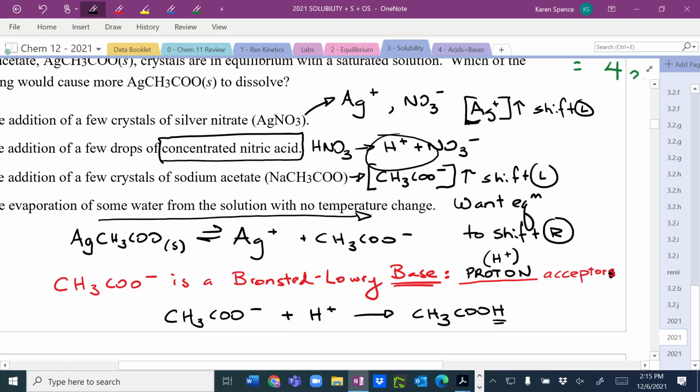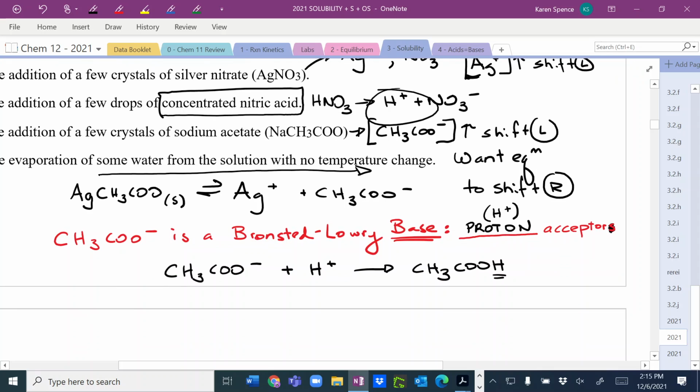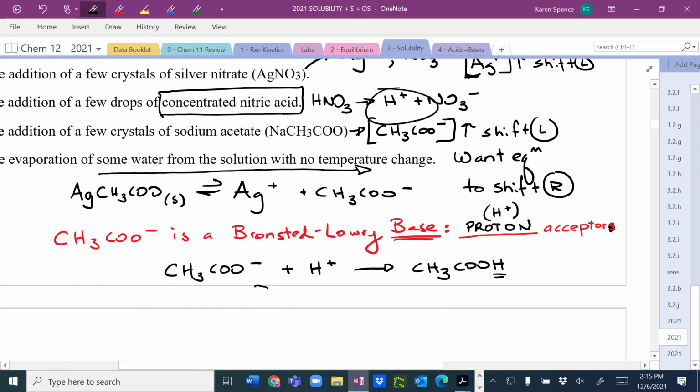Normally, you would put the hydrogen on the front, but we'll learn more about that later. So, if that's the case, what has happened to our concentration of acetate, CH3COO-? That has gone down, and that means it's going to shift to the right, which is what we wanted.